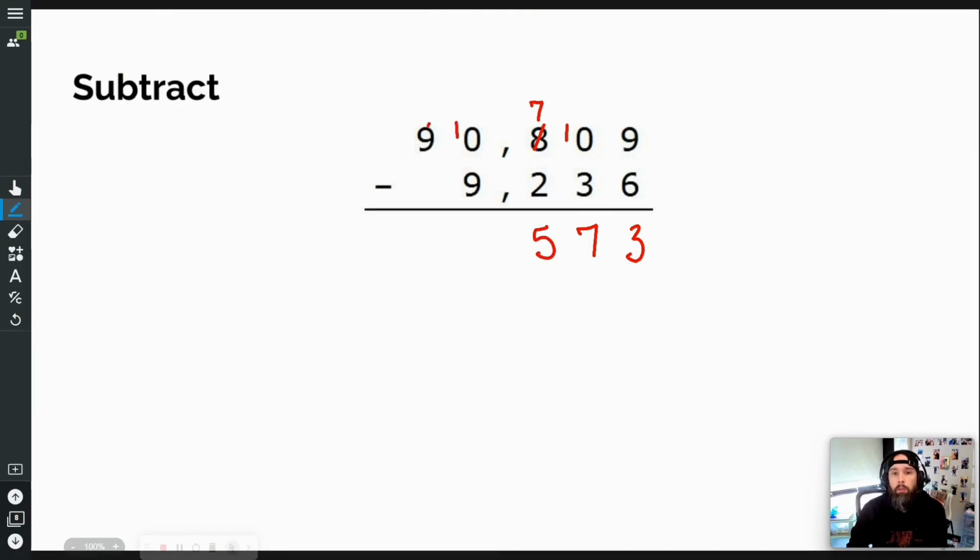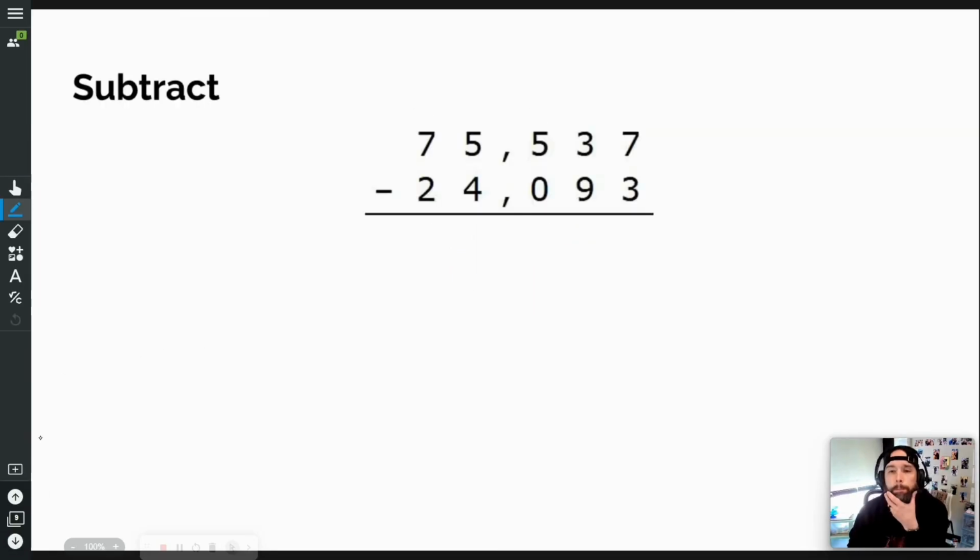Borrow 1 from 9 and call it 8. 10 minus 9 is 1. And 8 minus nothing is 8. So let's put our comma there. And we end up with 81,573. Okay? All right.